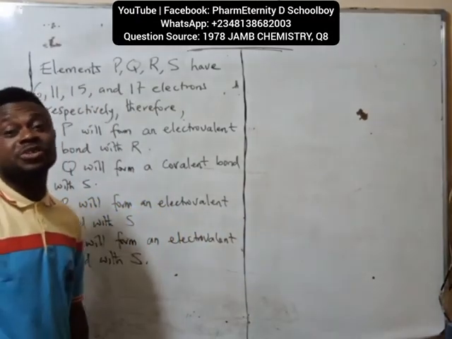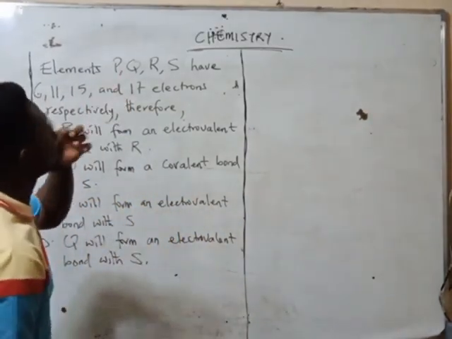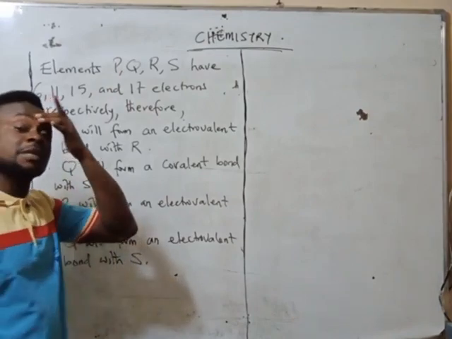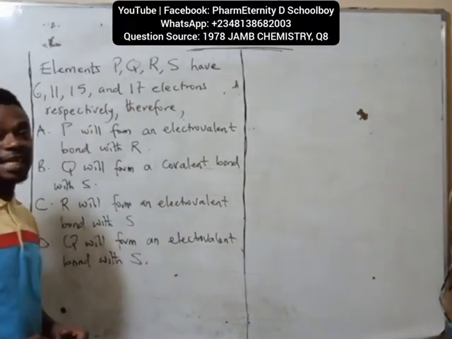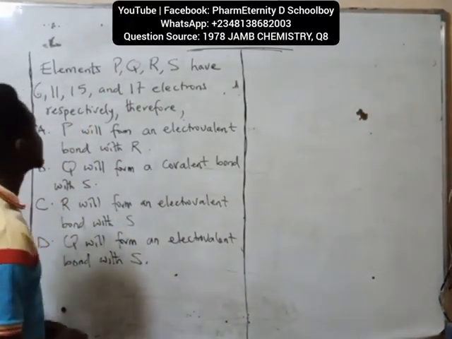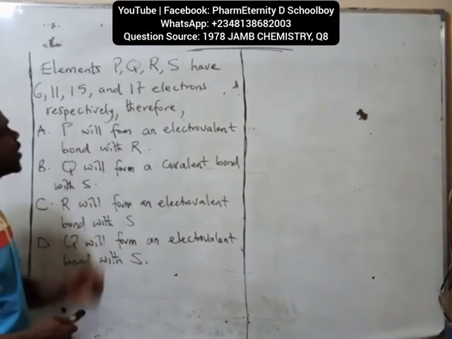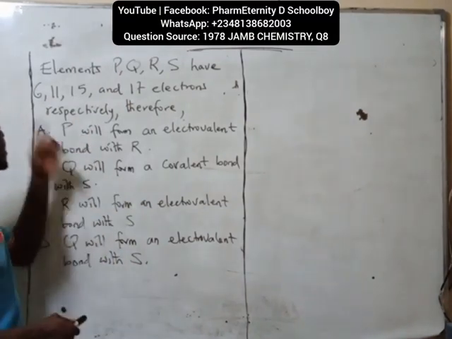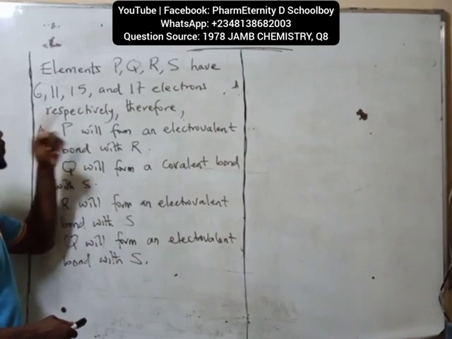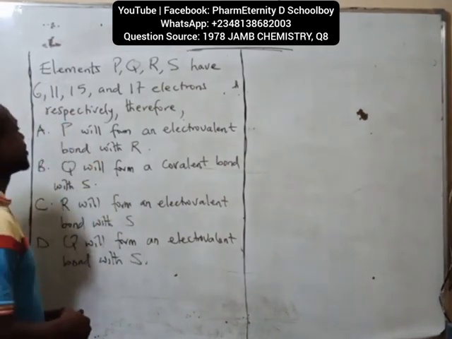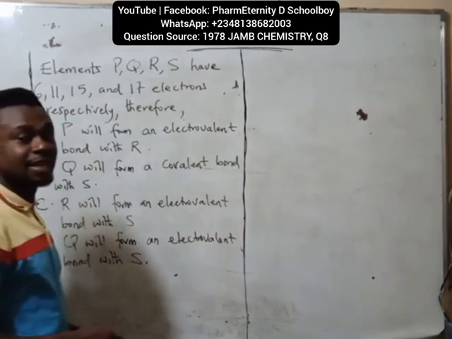Today we are going to take a look at chemistry, and we have a question on the board. The question says, elements P, Q, R, S have 6, 11, 15, and 17 electrons respectively.